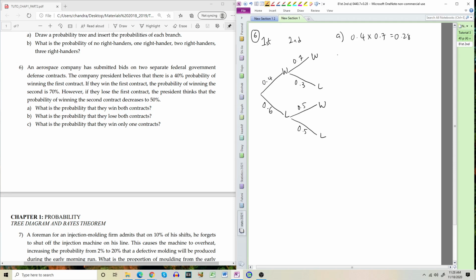I can slow down. What is the probability that they lose both contracts? 0.3.